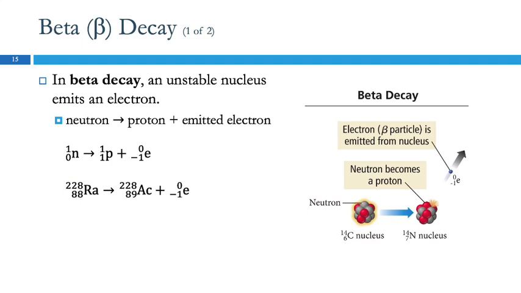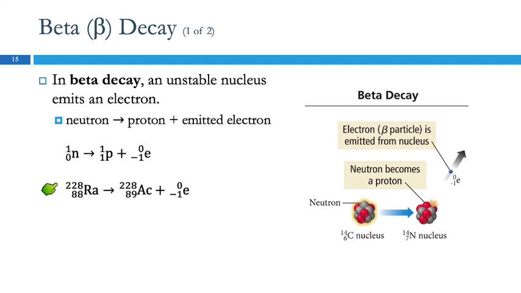So these are weird things. Don't work too hard to understand how that could happen. I have no idea. But we can write an equation like this for beta decay. So that's a symbol for the beta particle. In beta decay, you've got your initial nuclide, and you write in the type of decay, and then you balance the numbers, right?